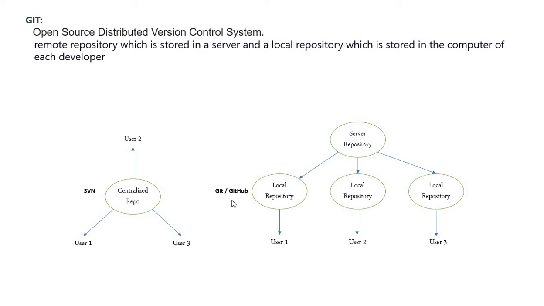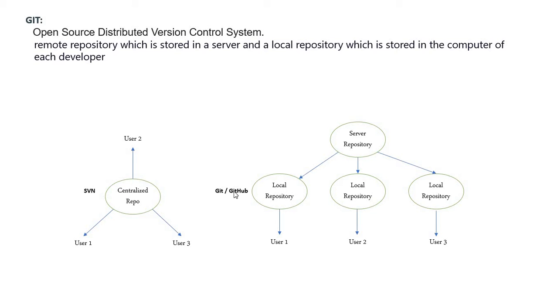On top of Git, there are two terms we use here, Git and GitHub. Git is nothing but a version control system. It is a tool we can use to create a fork and commit a file.